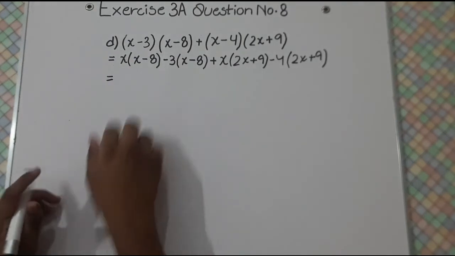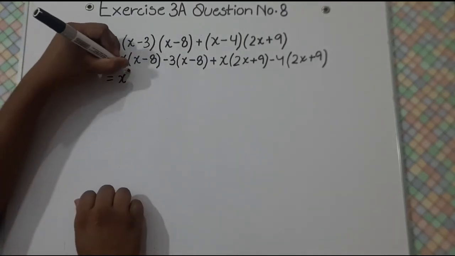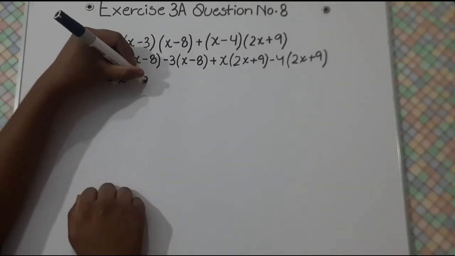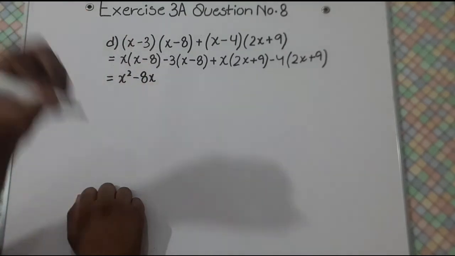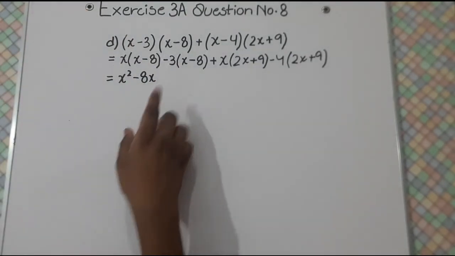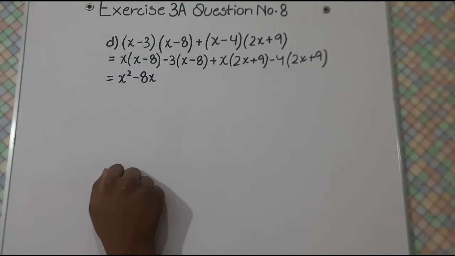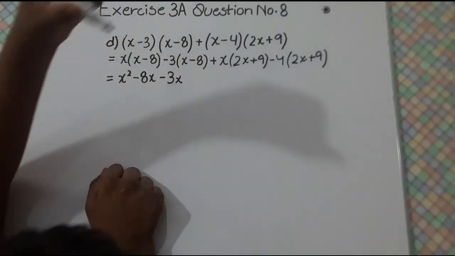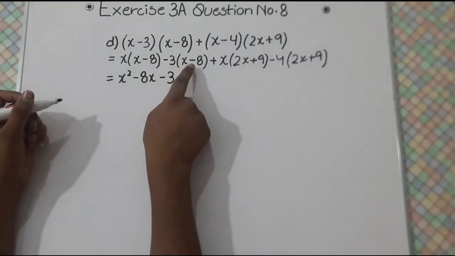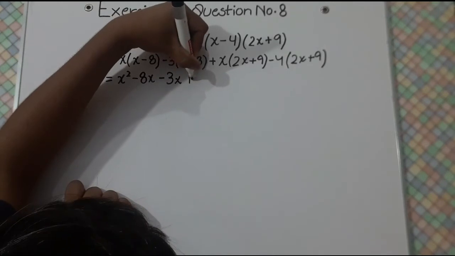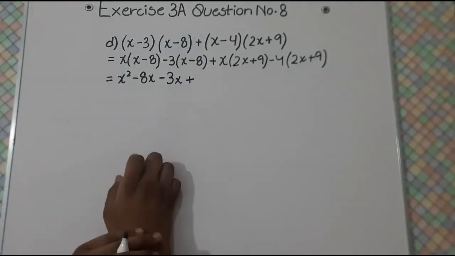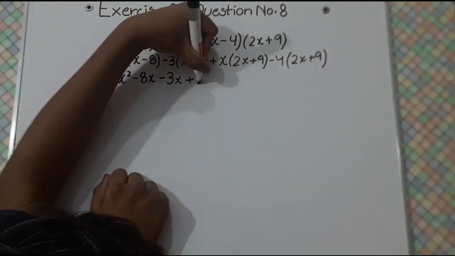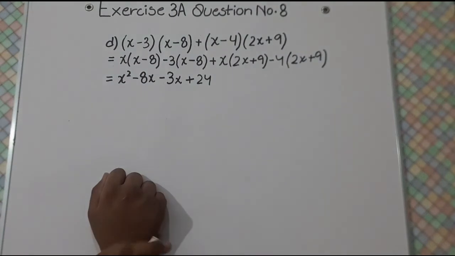X multiplied by x would be x square. X multiplied by 8 would be minus 8x. Then minus 3 multiplied by x would be minus 3x. Then we are going to change the sign. Minus is plus. 3 multiplied by 8 is 24, plus 24.